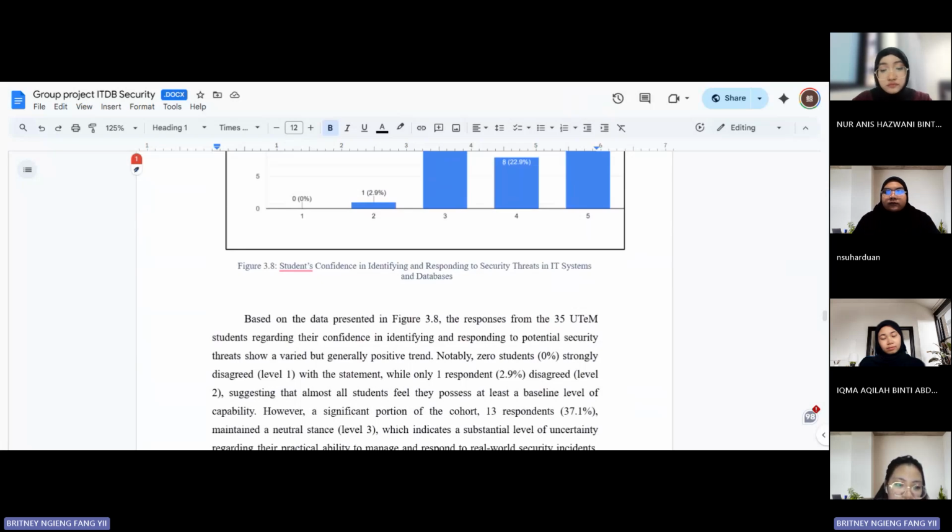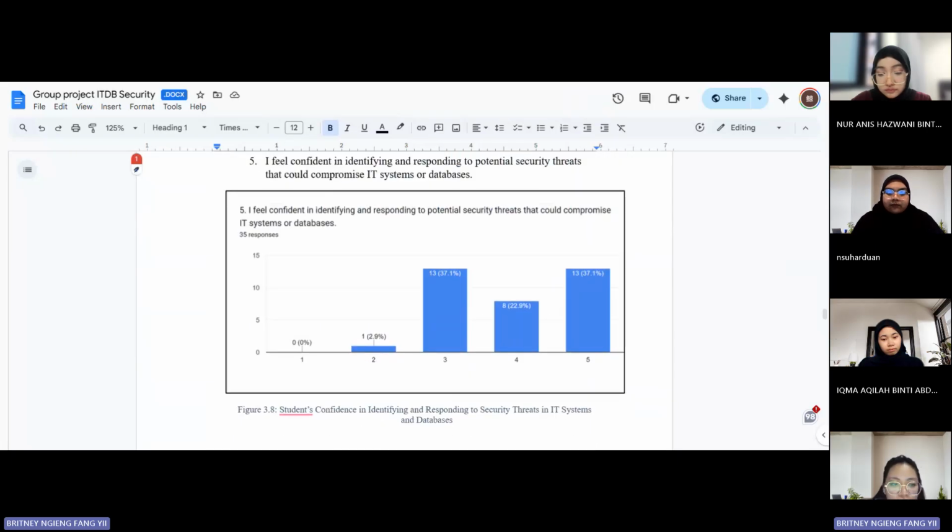No students disagreed with this statement, with only one responder disagreeing, which suggests that all students feel they possess at least a baseline level of capacity. However, a significant part of the cohort, 13 responders, maintained a neutral stance, which indicates some uncertainty regarding their practical ability to manage the response to real-world security incidents.